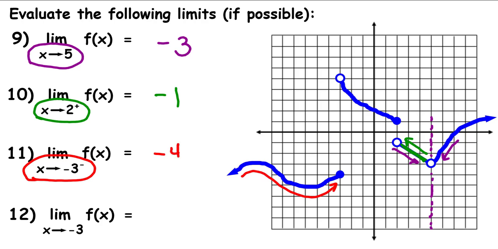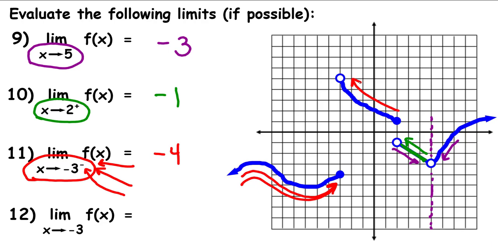It's the point -3, -4. Again, the limit is simply the y coordinate of where you're heading. Now, that was a negative, which told me that I had to be along this portion of the curve. Had this been a positive, I would have been on this portion of the curve instead, and I would have gotten an answer of +5 instead.